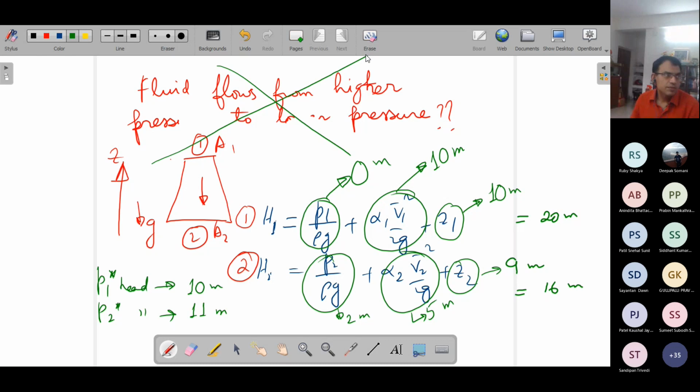So what we can say out of this is the conclusion that we should not make a bias in our statement by saying fluid flows from higher pressure to lower pressure or higher piezometric pressure to lower piezometric pressure. We can simply say that fluid flows from higher head to lower head. That's all. And in case of no viscous effect, these two heads will be equal.